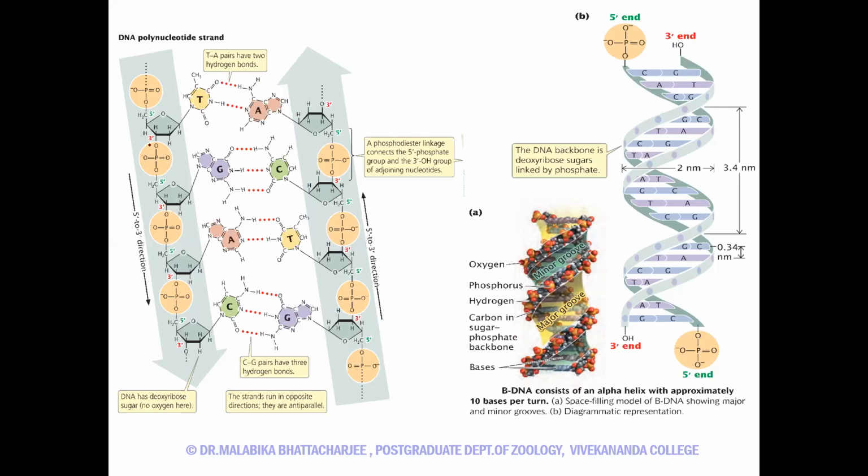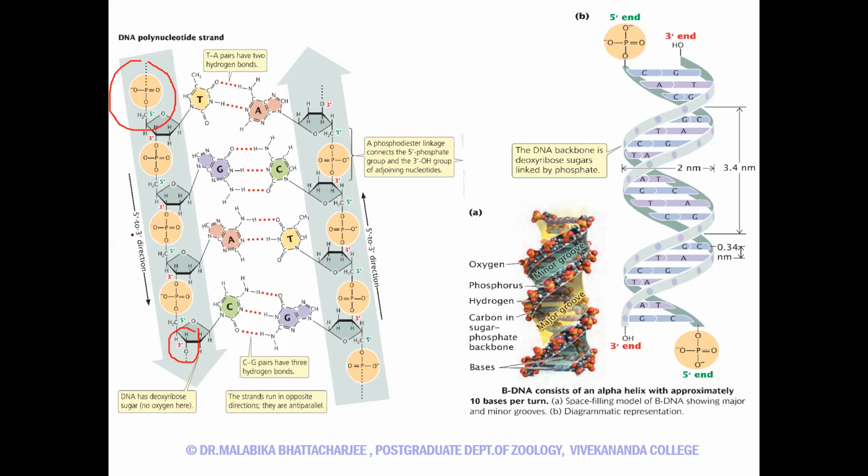If you look into the structure of this particular strand, the one I am now highlighting, you see the 5' phosphate is at one end and the 3' hydroxyl group is at the other end.